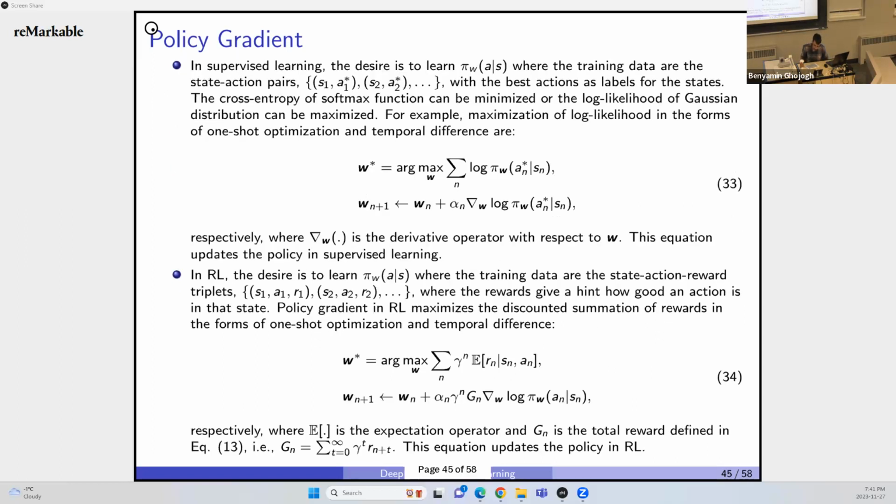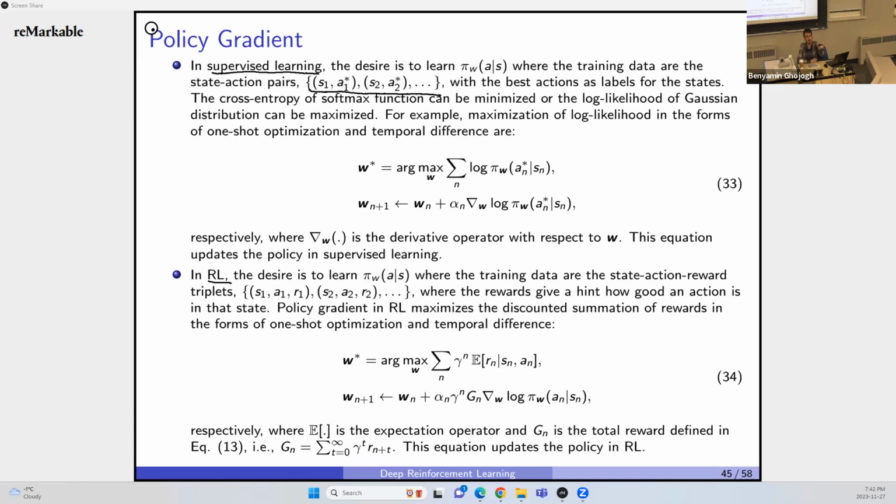Now consider, let's compare supervised learning and reinforcement learning. In supervised learning, we have labels, right? So assume I have gathered data and I know that for every state, what is the best action to do.